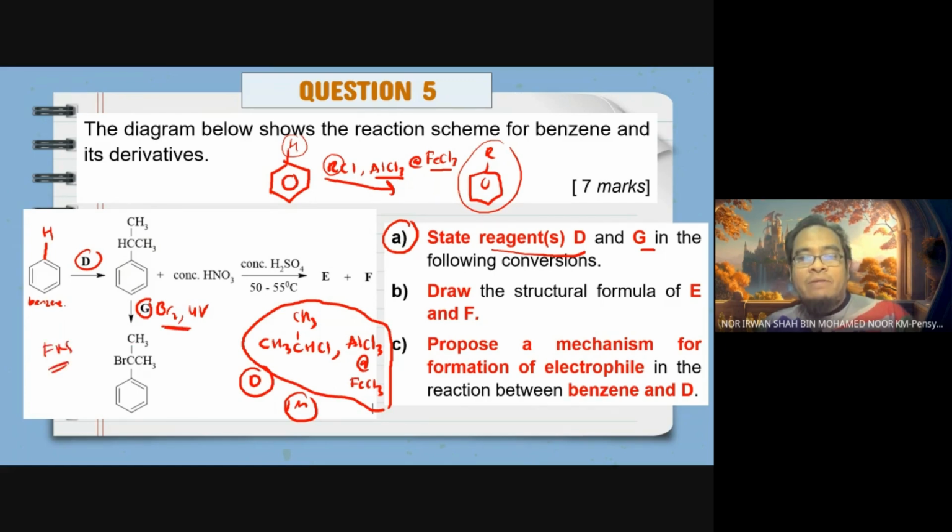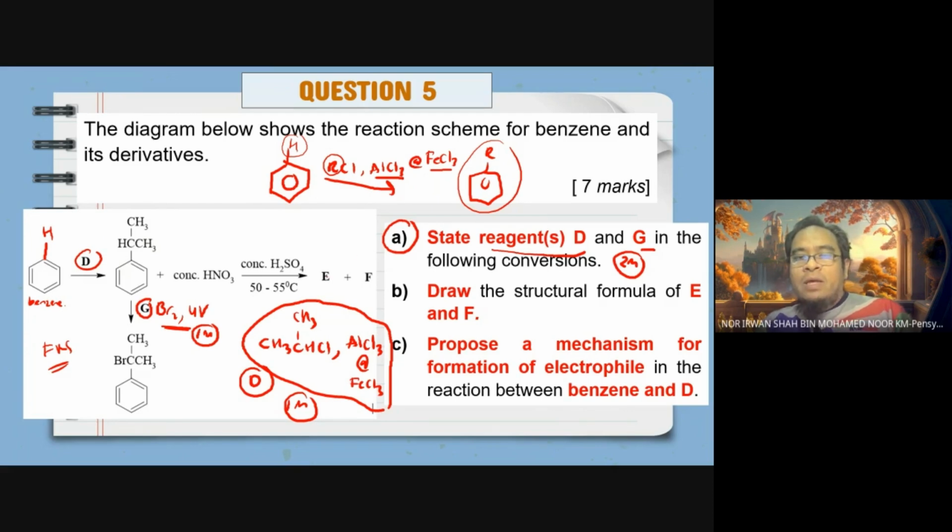Apa FRS? Free radical substitution. Sebab itulah dia bukan setakat you tulis bromine saja tak boleh. Dia mesti bromine under sunlight ataupun bromine in the presence of UV. Jadi you all tuliskan ini bromine UV, you dapat satu markah. Nampak? So itulah dia markah untuk soalan A ni guys. Jadi 2 marks here. 2 markah untuk soalan A, question 5A.